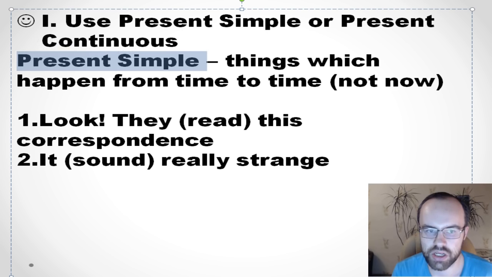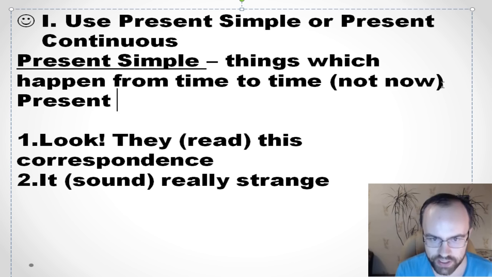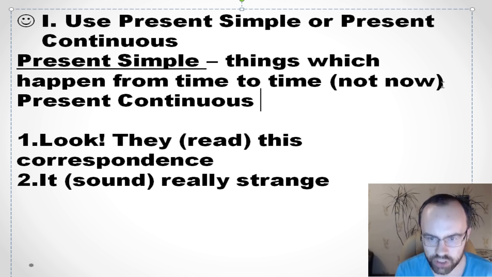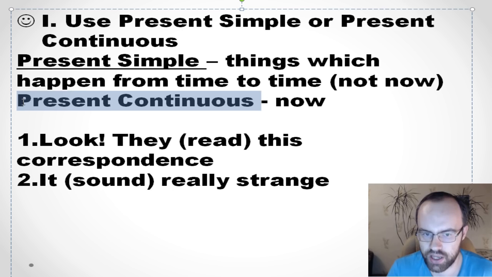And you use present continuous for things which are happening now. So if it's now, it's present continuous. Okay, good. And you need to choose the right tense, present simple or present continuous.